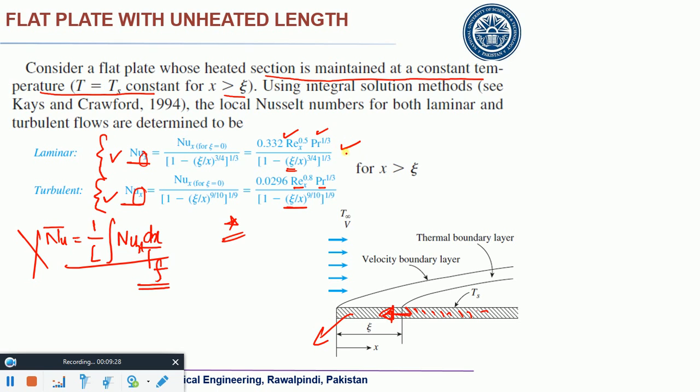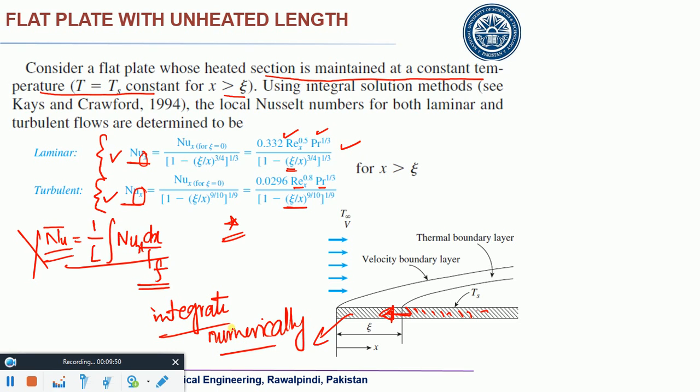Just look at this relationship, try to integrate it once at your home. You would find that this cannot be integrated analytically. So what you can do is integrate numerically.